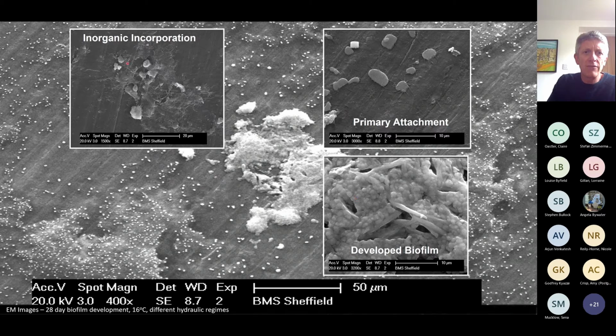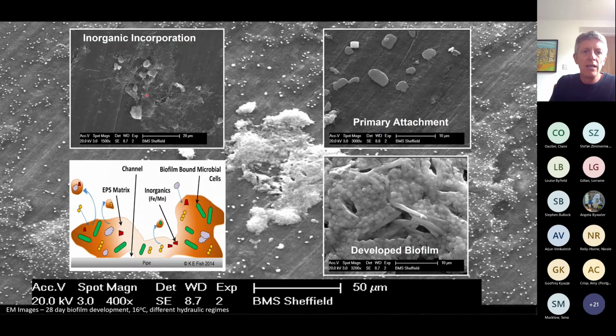As well as the biofilm itself, you can see inorganics incorporation. I think it's actually clearer here. This blob here, you can see something much more crystalline and inorganic stuck already within the biofilm. There are some more bits of it here in this more developed biofilm. So we start to get to our more traditional view of biofilm: yes, it's the cells, but it's also a lot to do with that EPS that the biofilm produces, helping it to stick to the wall, that can then incorporate the inorganics, channels and then voids within it, a really complex, interesting environment.